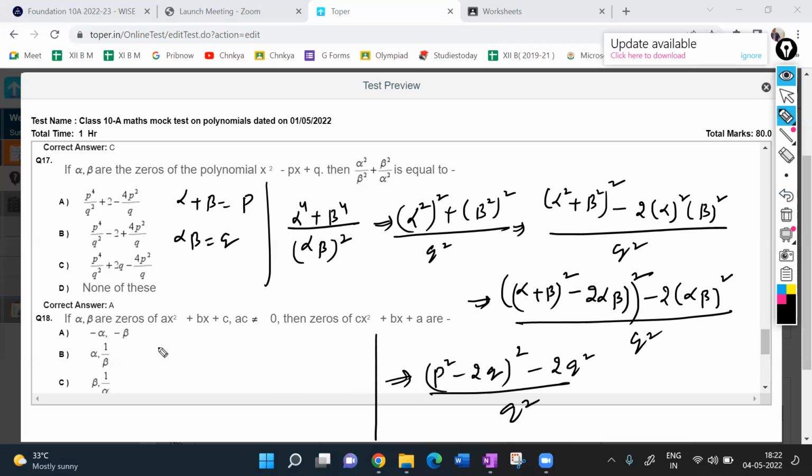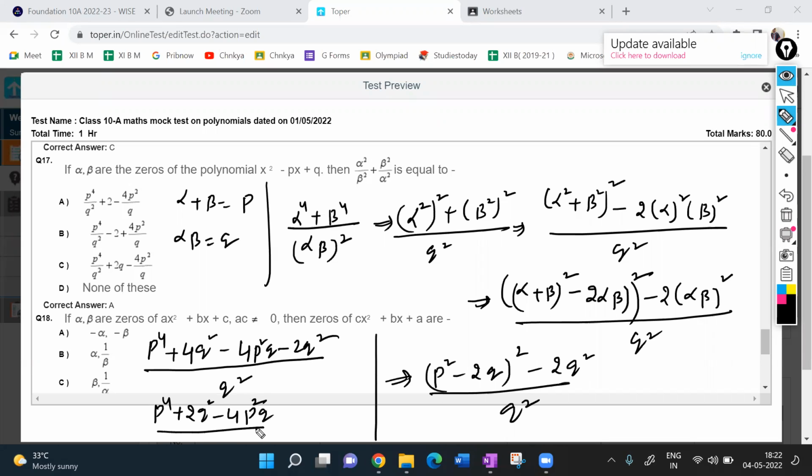So just expand this: (a minus b) square, which means P to the power of 4 plus 4Q square minus 2ab, 2ab, right? So 4P square Q minus 2Q square divided by Q square. Okay? So P to the power of 4 plus 2 times Q square minus 4 times P square Q divided by Q square. Okay? Isn't it, children?